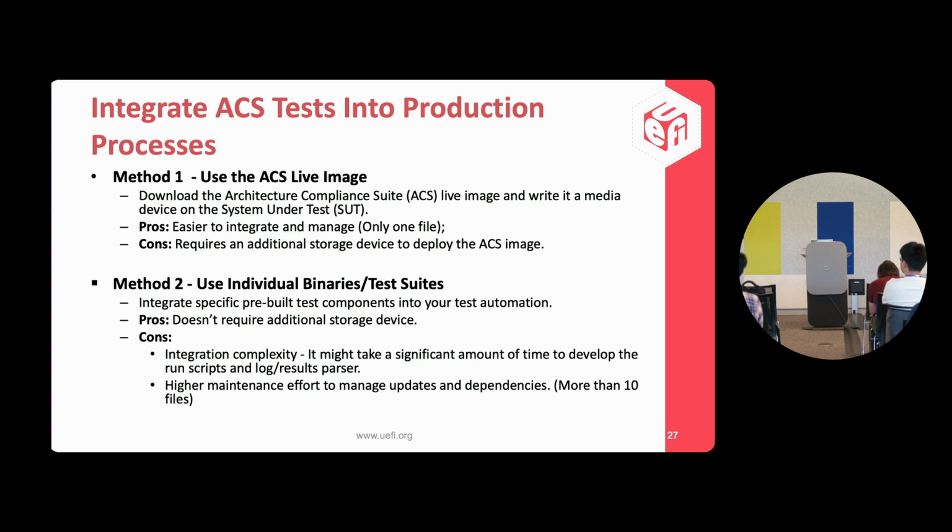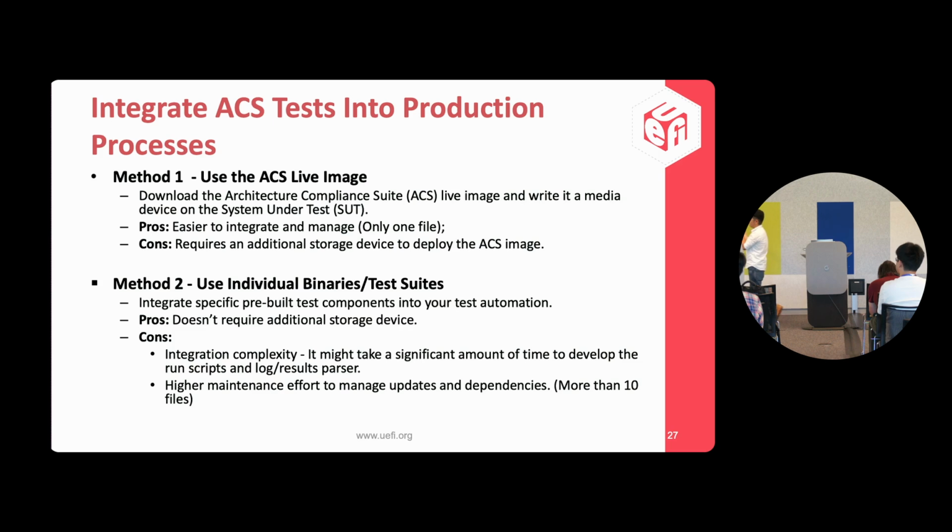The first one would be to automate the manual process I just mentioned. You just write a script to download the image, unzip that image, write that image to your media device, run some command to change the boot order, and then reboot the system. Then you will get the same result.